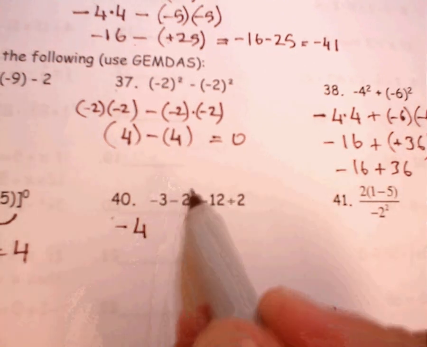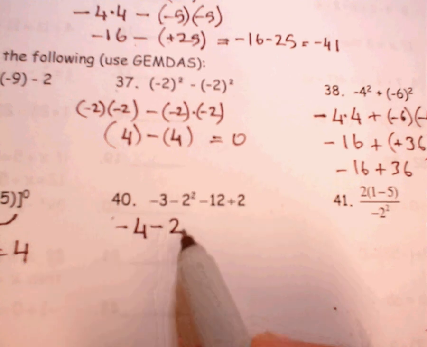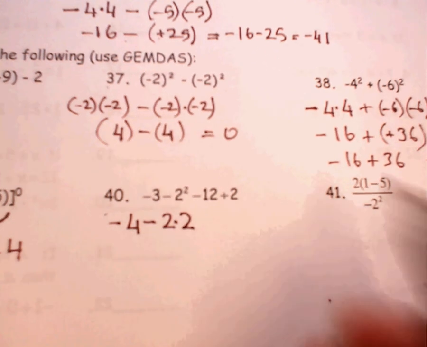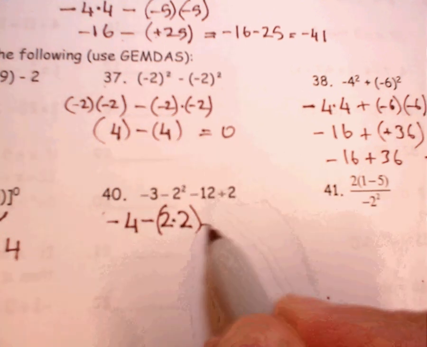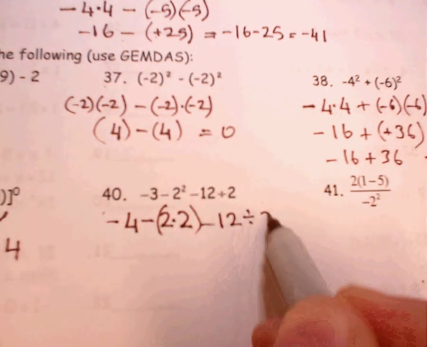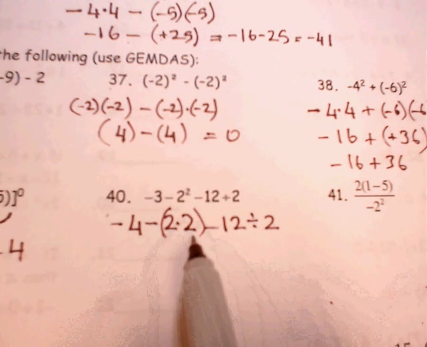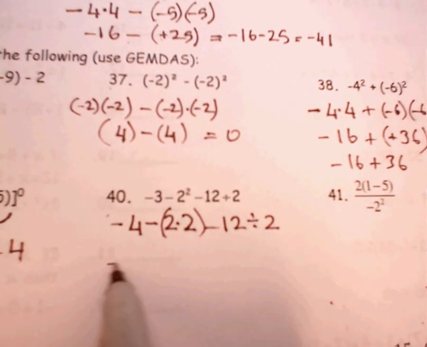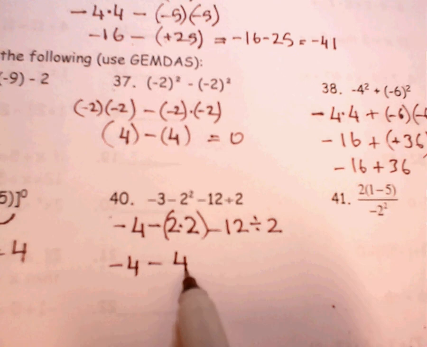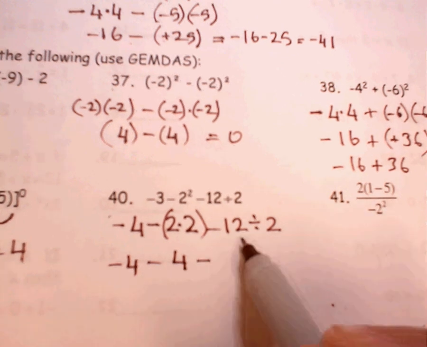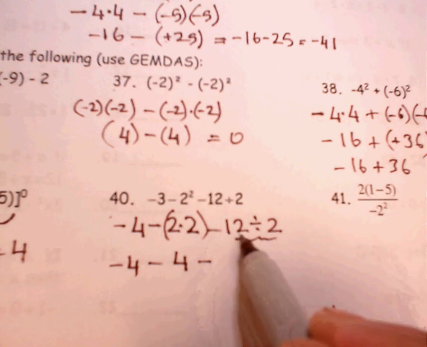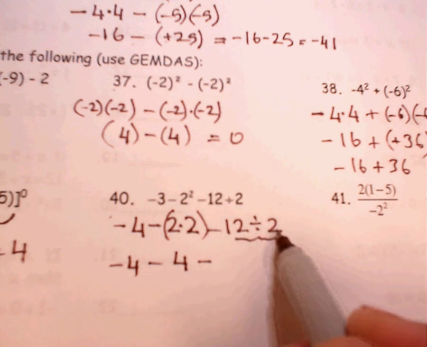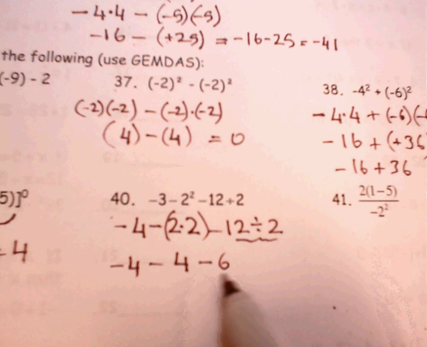The exponent is only touching 2, so I'm going to write it out as multiplication, and I still have negative 12 divided by 2 here. 2 times 2 is going to be 4. Then negative 4 minus 4, and we can also do division. Negative 12 divided by 2 is negative 6. Here's my negative 6 entirely.